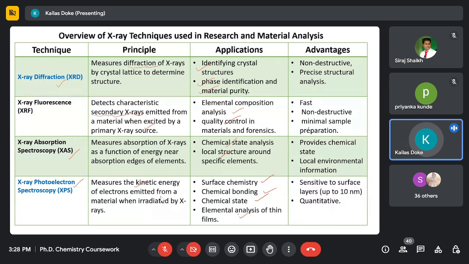So this coursework is concerned with X-ray diffraction and X-ray photoelectron spectroscopy, which I'm going to explain in detail. There are 4 more techniques which are useful. That is computed tomography, X-ray computed tomography, XCT or CT, which takes images at different angles and directly creates 3D models of the object by scanning.